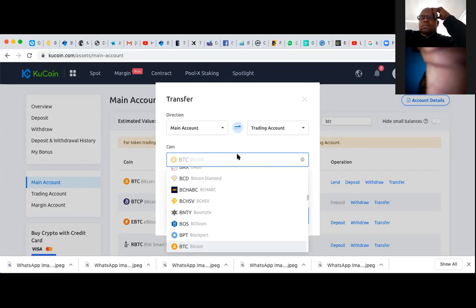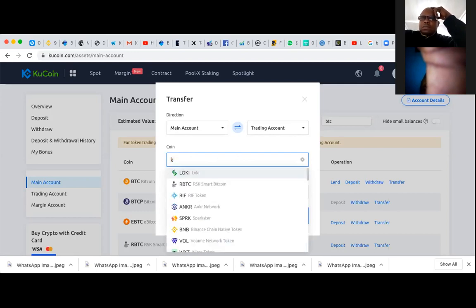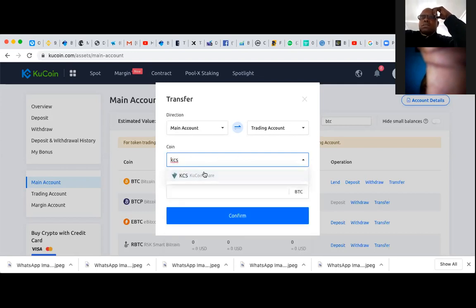Let's say it's KCS, KuCoin shares. So how many? Let's say 50 or 100 of the coin. Remember, main to trading. So I click on confirm.